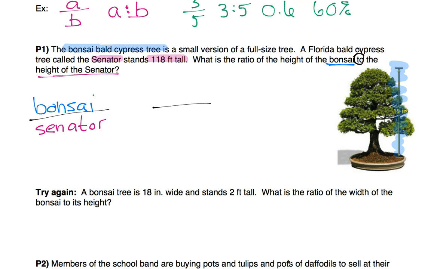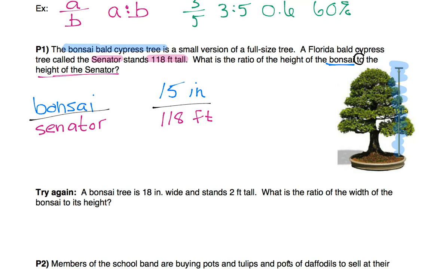So our ratio is going to be 15 inches to 118 feet. And you can simplify that down if it does. And it doesn't simplify down any further.